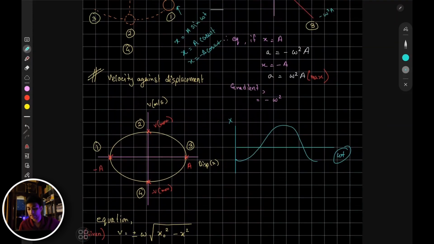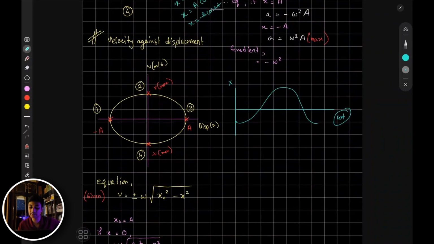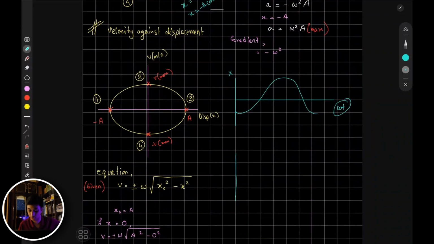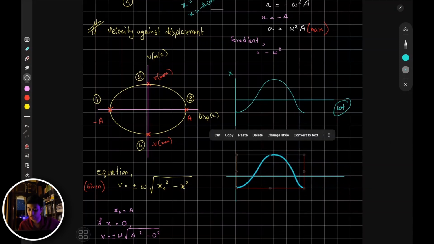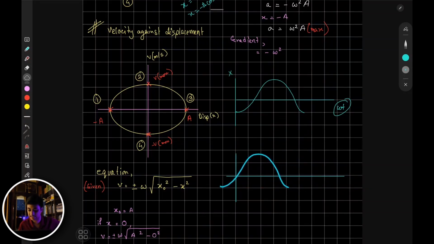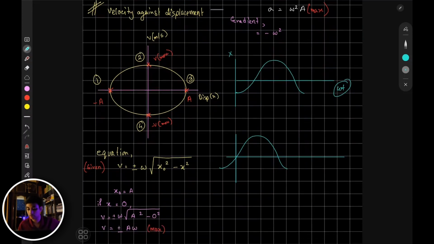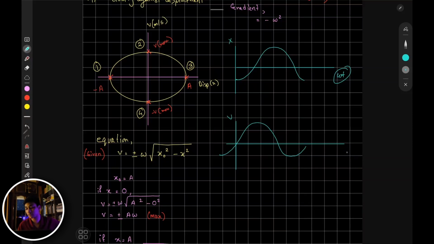If you differentiate it to get the velocity against time curve, what is it going to look like? The simple idea is that you move this curve 90 degrees leftwards. For differentiating displacement against time, you simply shift it 90 degrees and you get the new curve for velocity against omega t.